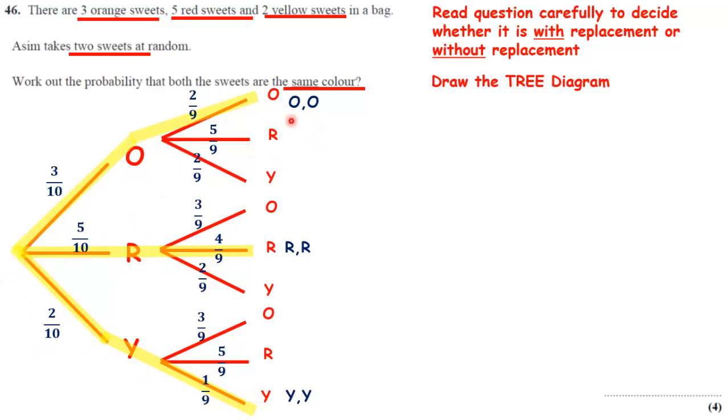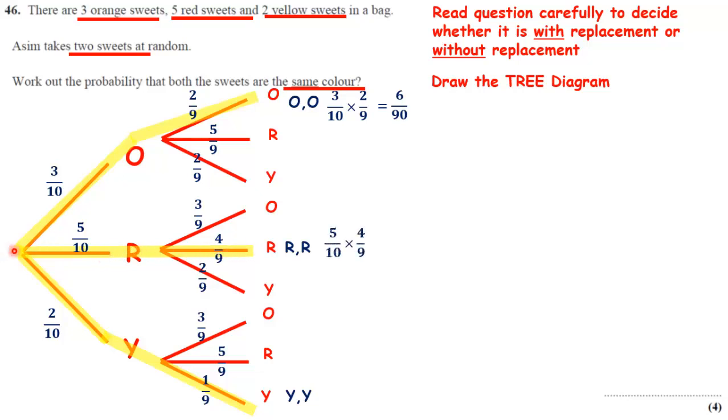Now, to work out these probabilities, I need to times the fractions along those paths. So 3/10 times 2/9. So follow this path. 3/10 times 2/9. 3 times 2 is 6. 10 times 9 is 90. 6 over 90. Okay, the next one, 5/10 times 4/9.